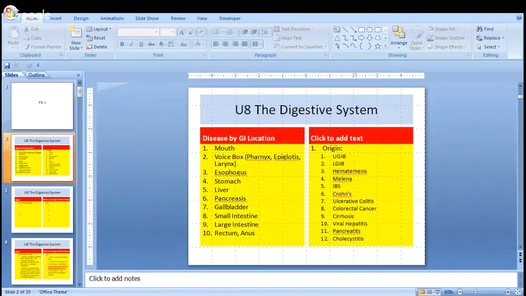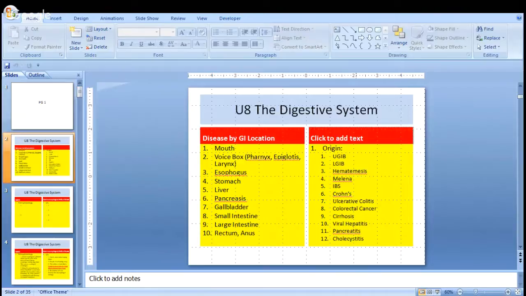GERD is gastroesophageal reflux disease. Can anybody tell me what this means? Gastroesophageal, so it's the stomach and the esophagus. Yes, that is correct.